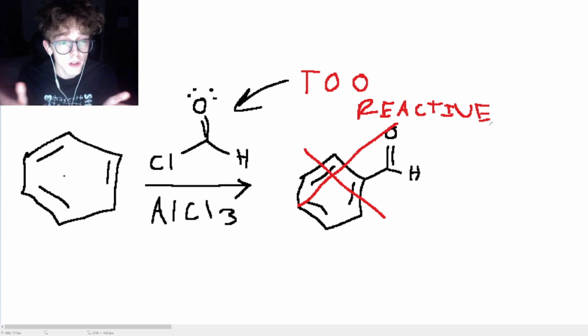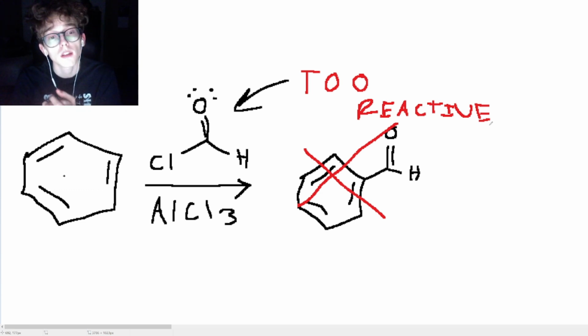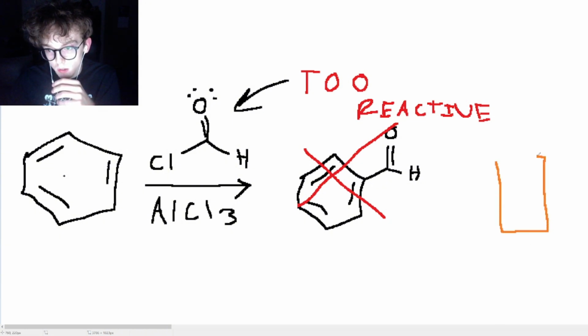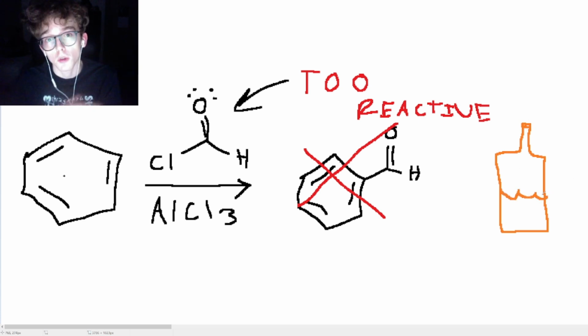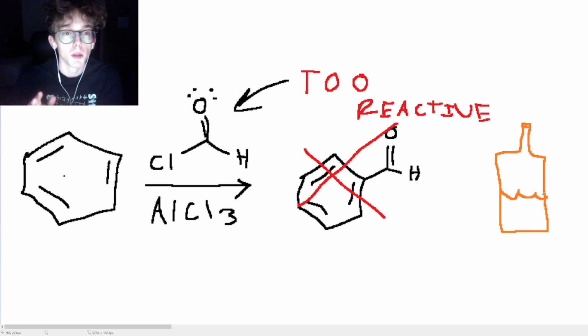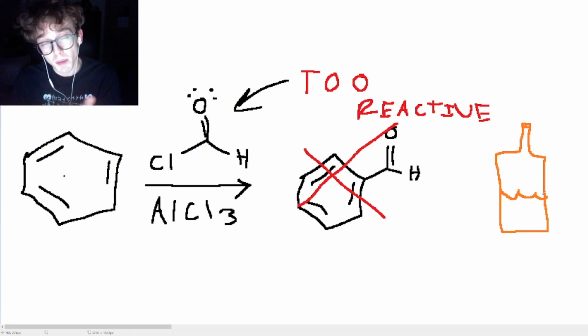So you have no evidence of an aldehyde group being added to your benzene, and you might be a little confused as to why. That's because if I gave you a bottle of formyl chloride, so let's just say I have a nice stock solution bottle and I say it's formyl chloride, and I bought it from Sigma Aldrich, let's say, you might assume that the liquid inside would be formyl chloride, but that bottle has probably been at Sigma Aldrich, for example, for a couple months, right?